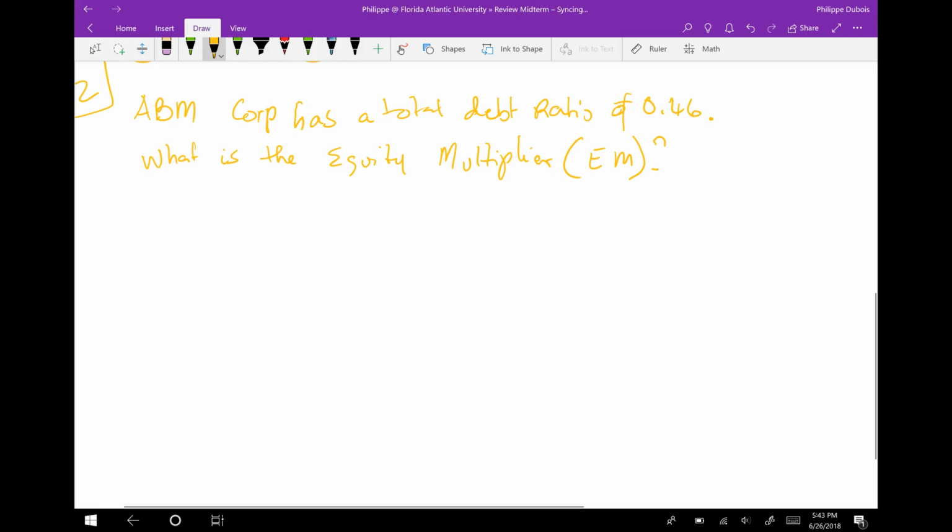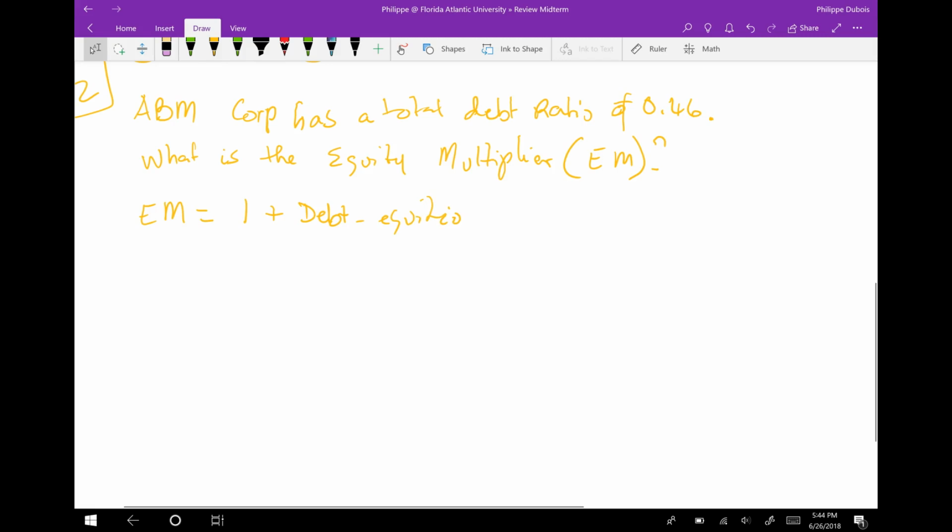Now, the company has a total debt ratio of 0.46. What is the equity multiplier? Well, we know that the formula for the equity multiplier is 1 plus the debt to equity ratio.